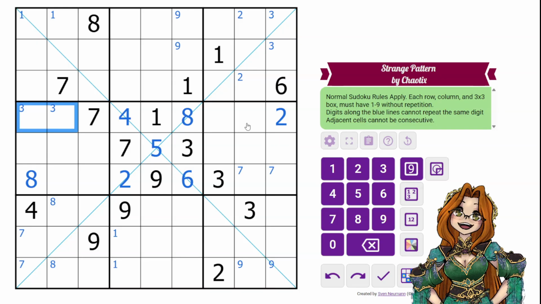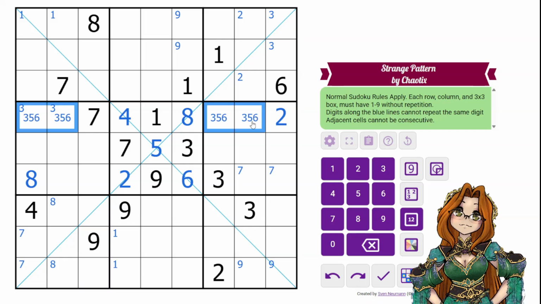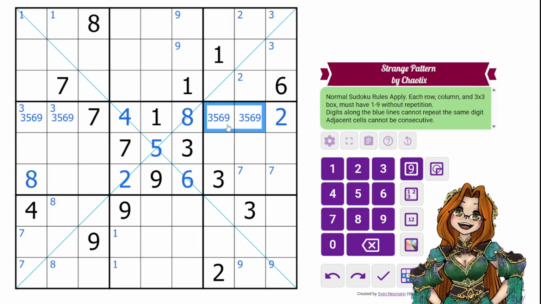Now, I'm looking at these rows still. Usually I wouldn't do this with 4 digits. But I think if we just put the central pencil marks in here real quick. So what are we missing? We have 1, 2, we need 3, 5, 6, and 9. But, first of all, 3 can't go in here, because we need a 3 over here. 2 out of the 3 of these numbers, 5 and 6, are consecutive, which means they can't be next to each other.